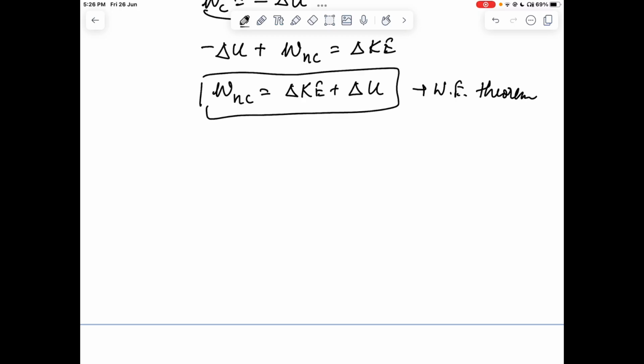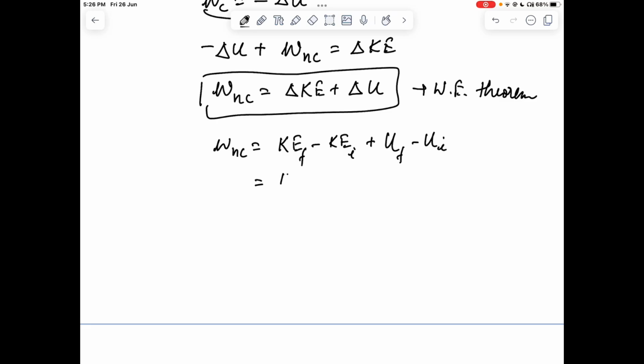Okay, so now let's continue to build on that. What we can write is W_NC is equal to KE final minus KE initial plus U final minus U initial. And we can rearrange the terms to say KE final plus U final minus KE initial plus U initial.